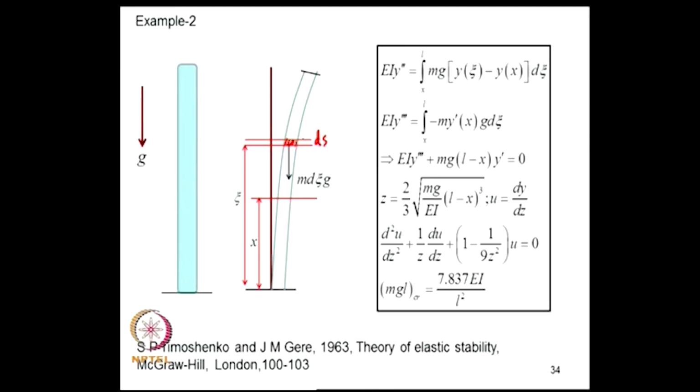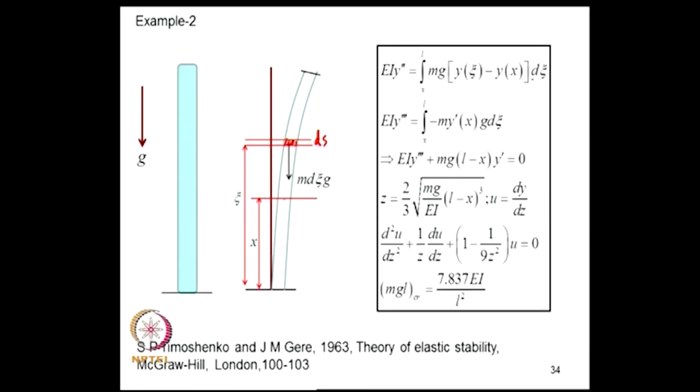If m is the mass per unit length, m into d psi is the mass and into gravity is the force, and bending moment at this section will be y of psi minus y of x, that is the arm. So mg into y of psi minus y of x into d psi is the bending moment at this section due to this infinitesimal element, and if I integrate from x to L, I will get the bending moment due to weight of the beam above this point. So, that is what we have written.